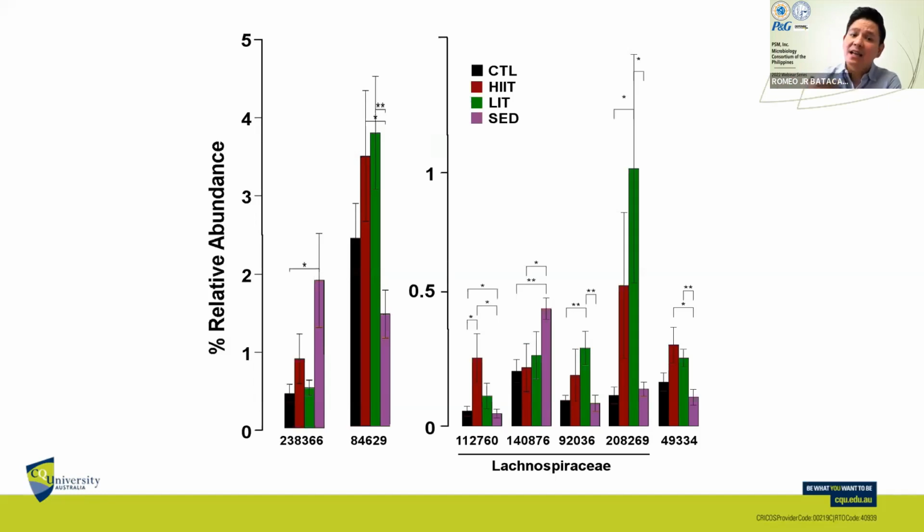So this is the difference between the standard chow diet and the high-fat, high-carbohydrate diet. In the standard chow diet, you have significant changes in the abundance, while in high-fat, high-carbohydrate diet, instead of the change in abundance, you have greater differences in the presence or absence of phylotypes.